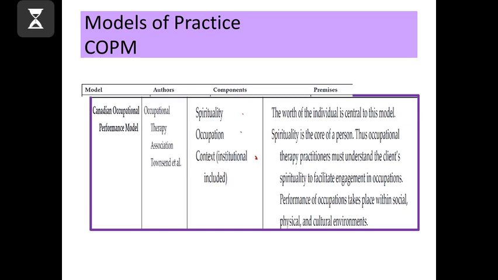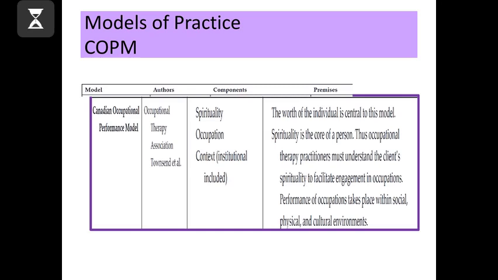So in this model of practice, the worth of the individual is central. So it's very client-centered. And they look at the fact that an individual's spirituality is core to the person, and that we have to understand an individual's spirituality to facilitate engagement in occupations.